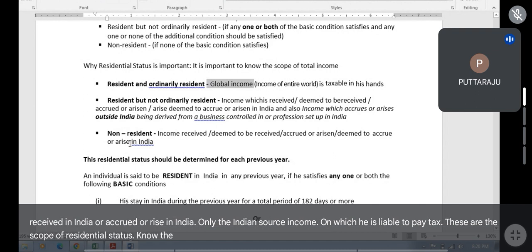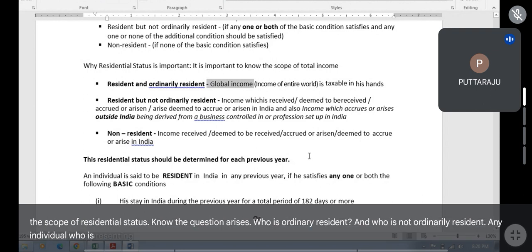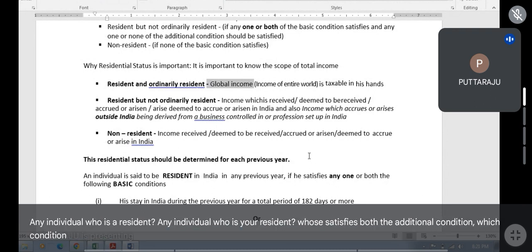Now the question arises, who is ordinarily resident and who is not ordinarily resident? Any individual who is a resident and satisfies both the additional conditions becomes ordinarily resident.